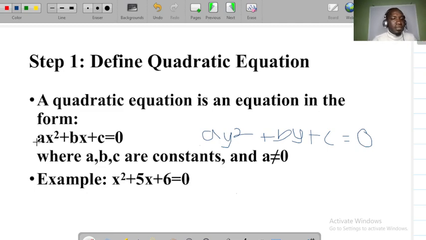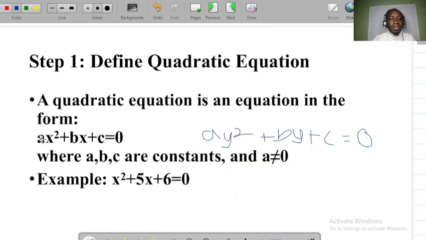So we can have it as ax squared plus bx plus c equal to 0, or ay squared plus by plus c equal to 0, where a, b, c are constants and a is not equal to 0. That means in this quadratic equation, the value of a here cannot be 0.